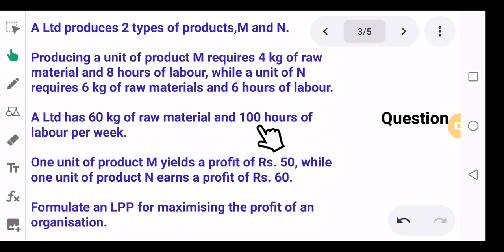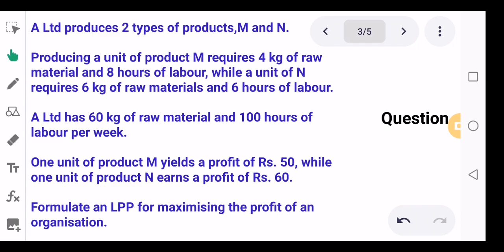We don't know the reason, but what we know through the question is that only 100 hours of labor per week is what they can afford. So these are the two inputs: raw material and labor. The raw material constraint is a maximum of 60 kg, and for labor, a maximum of 100 hours. So product M and product N have to be produced keeping in mind that only 60 kg of raw material and only 100 hours of labor are available.